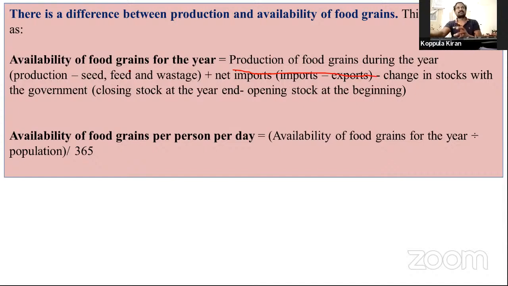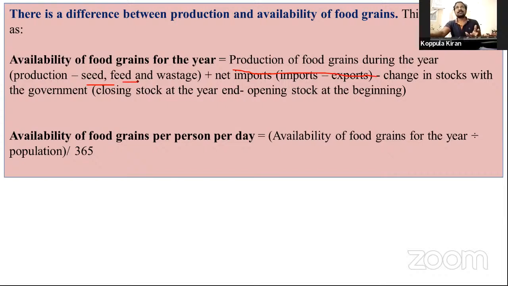That production, what they have produced, is one thing. And the second one, in this, production minus seed. We use seed at the start of the crop season, and feed.